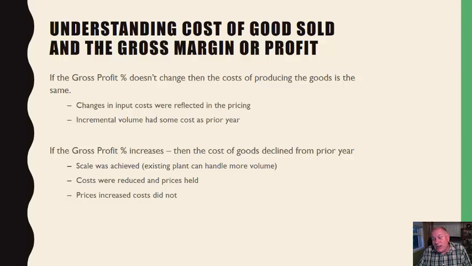That could reflect scale, okay? That means the existing plant can handle more volume without having to add additional resources. Costs could have been reduced. Prices weren't increased. So that's a positive.